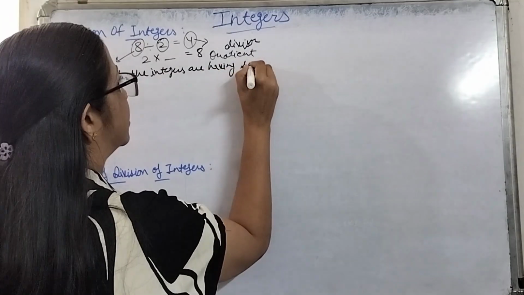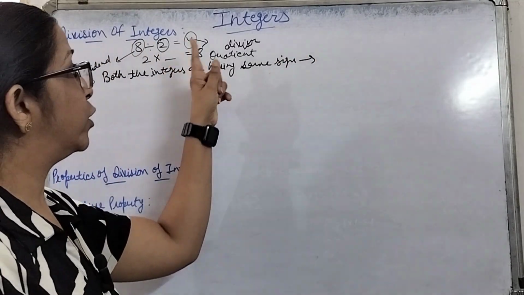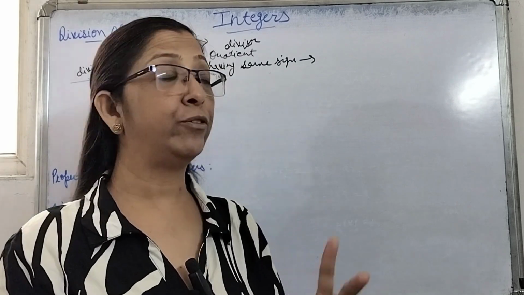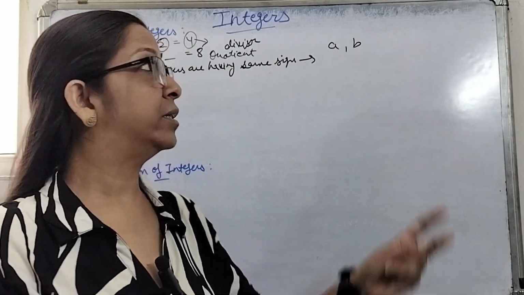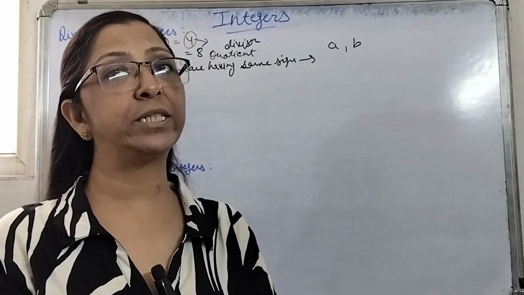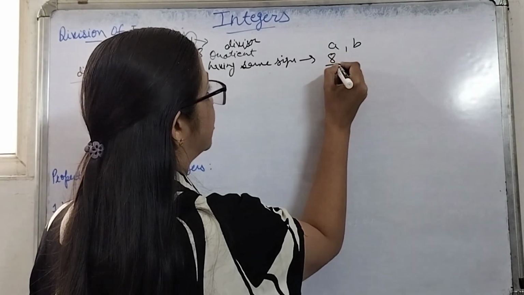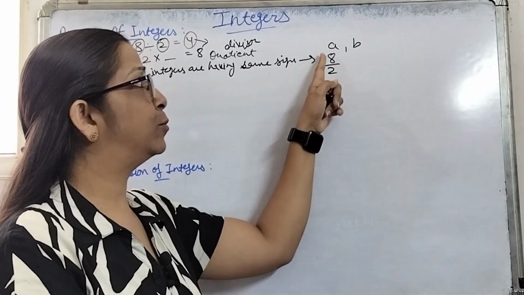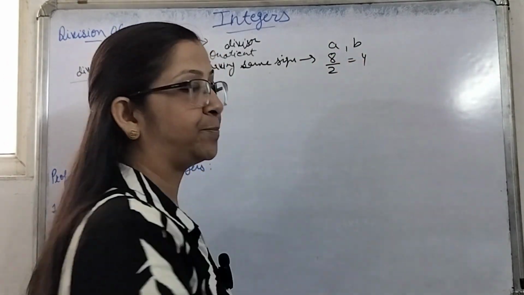Suppose we take any two integers, a and b. If both integers are positive, like dividing 8 by 2, both the dividend and the divisor are positive, so the quotient will also be positive.